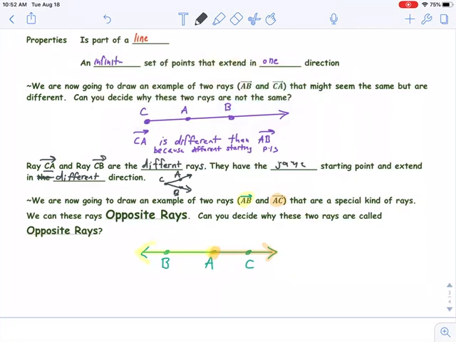Why? Same starting point, but they extend in exact opposite directions.